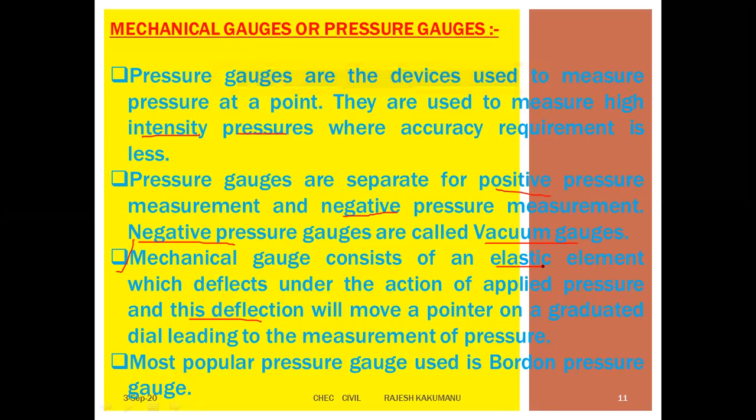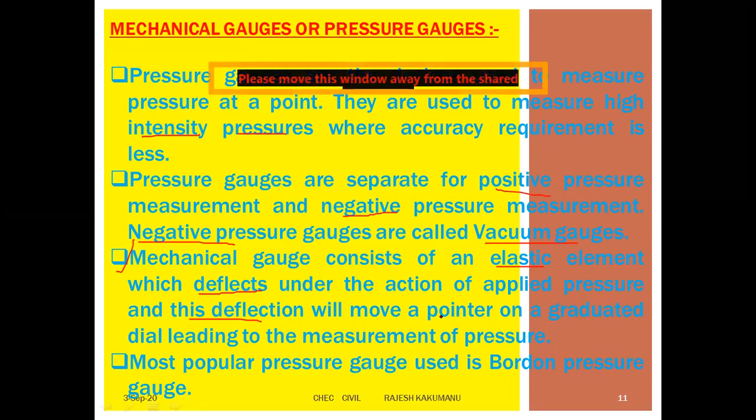Whenever pressure is applied on it, it will get deflected. The physical position changes, and this deflection will move a pointer on the graduated dial, leading to the measurement of the pressure. So how do we measure pressure?